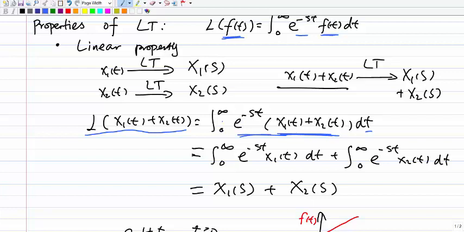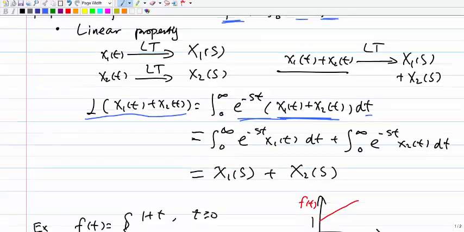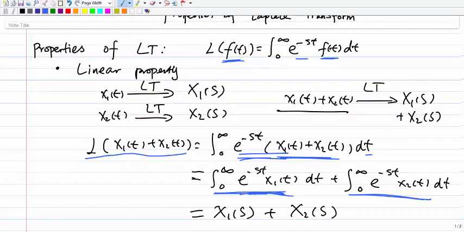I can split this into x1(t) and x2(t), each with its product with e to the minus st, and just separate them. So this can be written as e to the minus st times x1(t) plus e to the minus st times x2(t). Each one is just the definition.